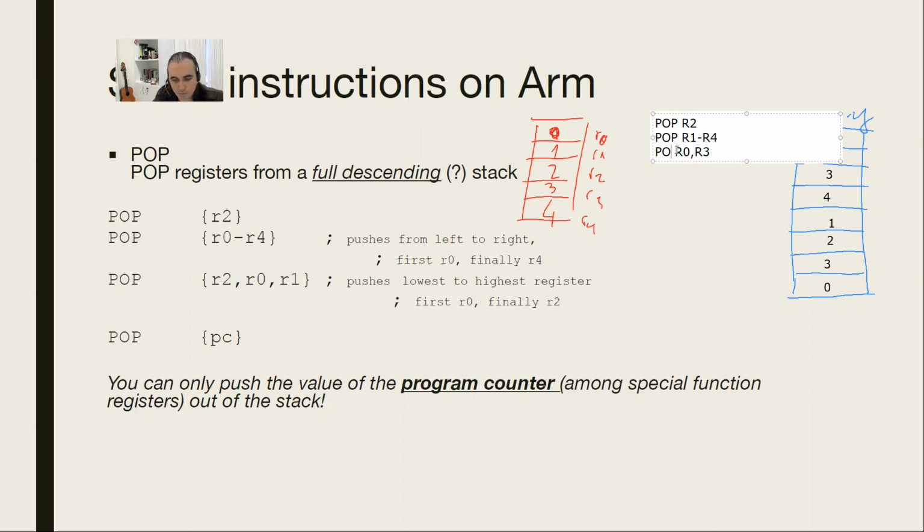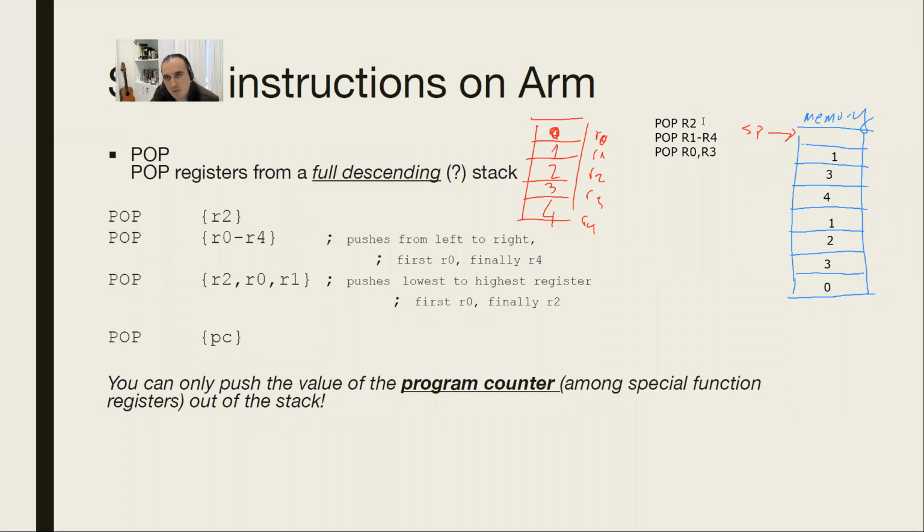Not PO, of course, pop. Very good. Imagine when I run these lines of code, these are the exact values of the stack pointer. It is like I'm running this code just after the previous code with the pushes.